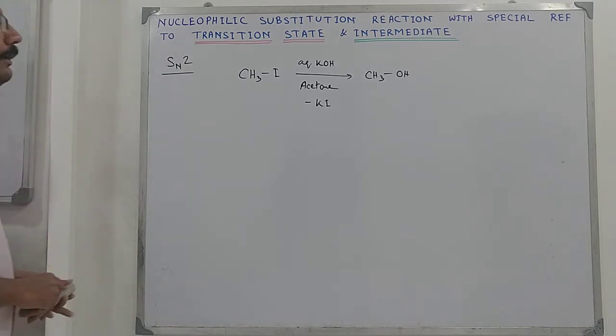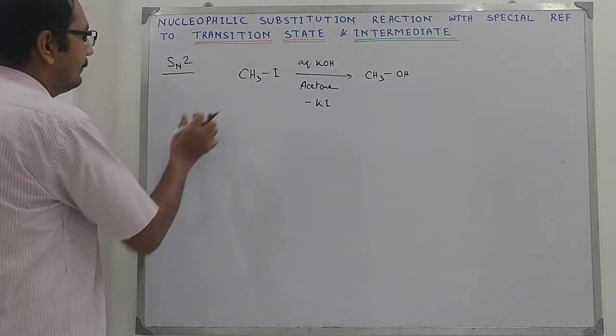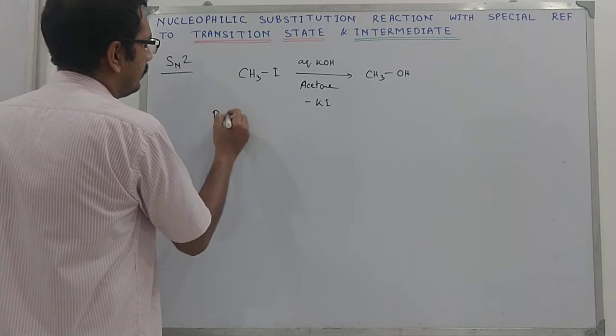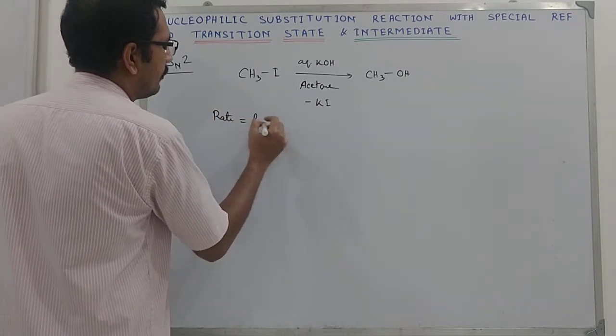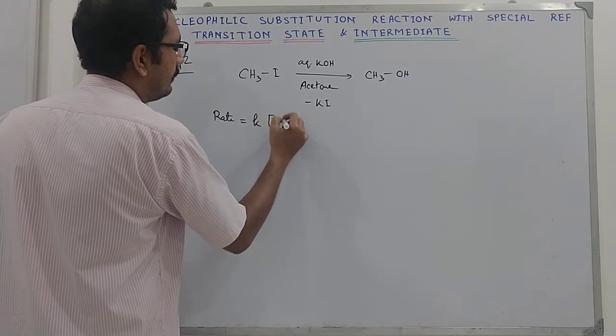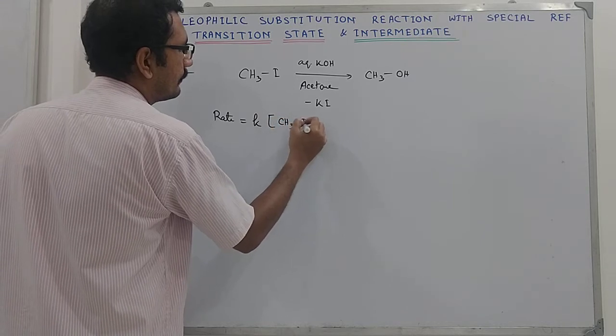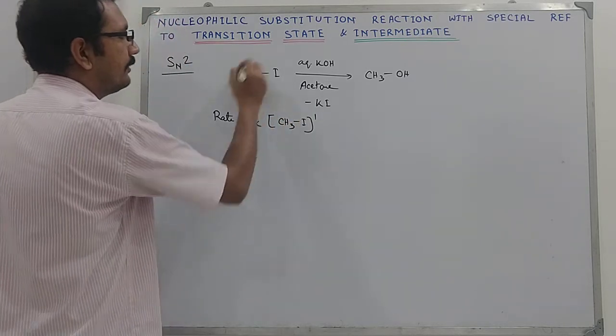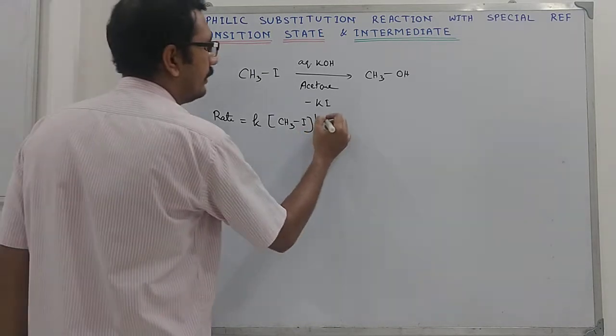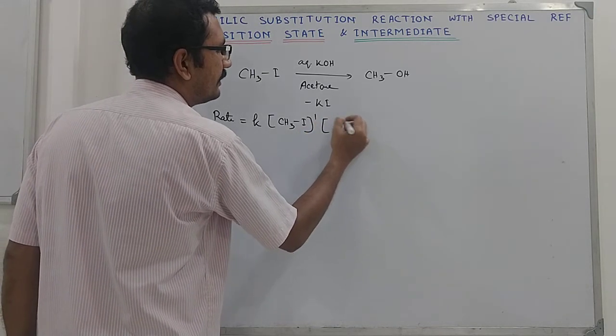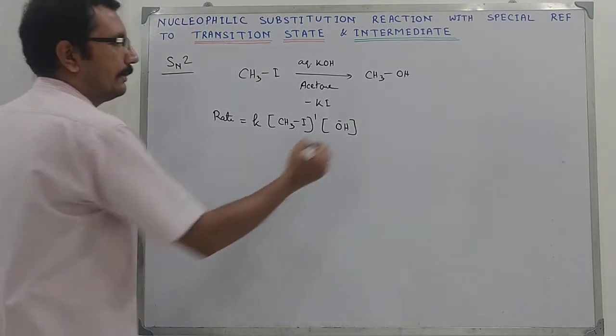substitution nucleophilic bimolecular process. Now it is bimolecular since upon study of kinetics it is obtained that the rate is first order with respect to methyl iodide and also first order with respect to this OH minus.